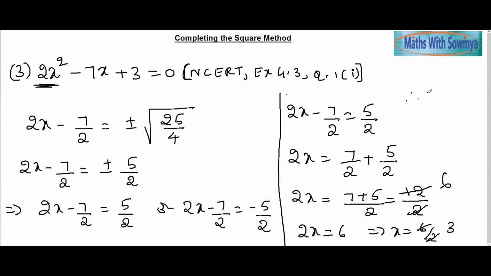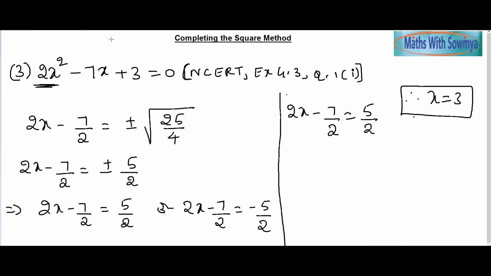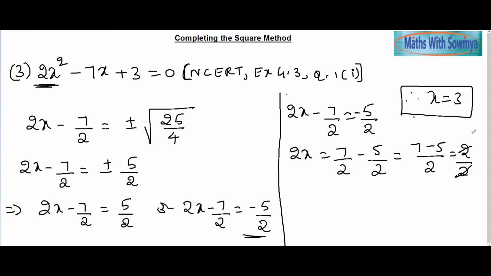So one of the answers, x we got, is 3. Let us take the second one in the same way. When 5 by 2 is negative, so minus. When it is negative, so 2x is 7 by 2 minus 5 by 2. 7 minus 5 by 2, 7 minus 5 is 2 by 2, 1.